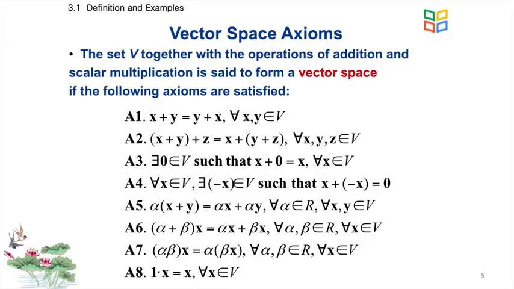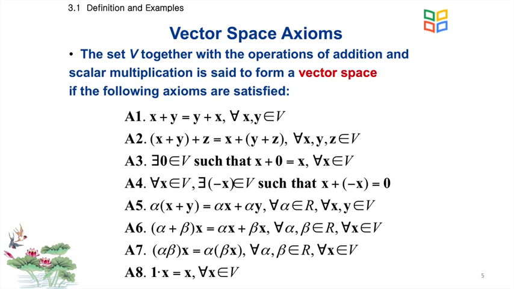And A2 requires that if you first compute X plus Y and then add Z, it equals X plus the addition of Y and Z, for any X, Y, Z belonging to this set.